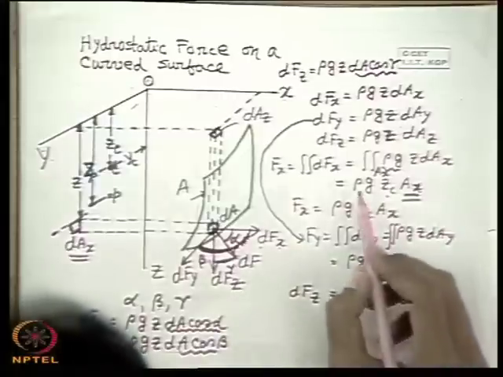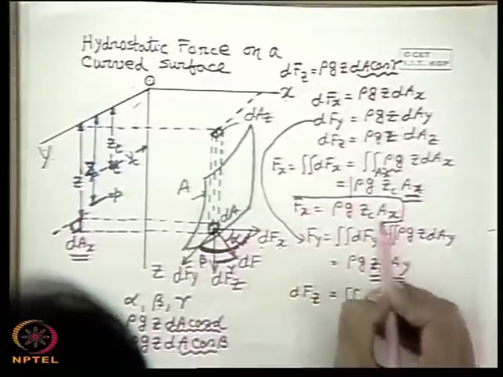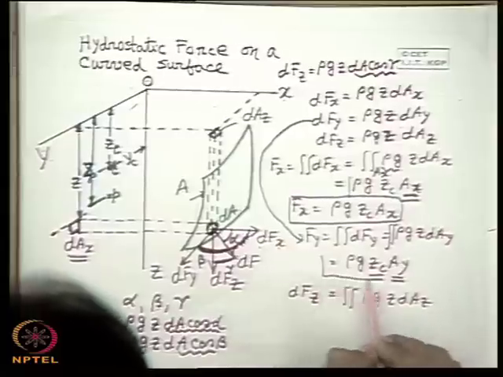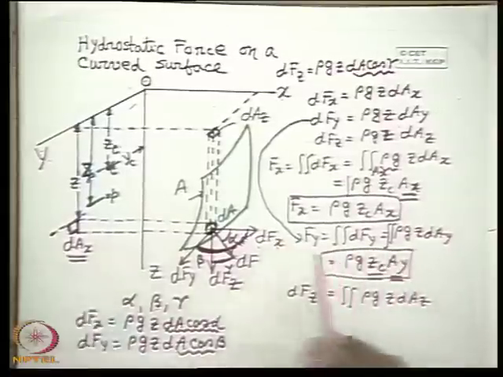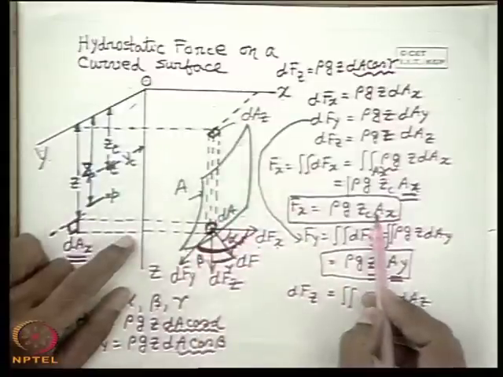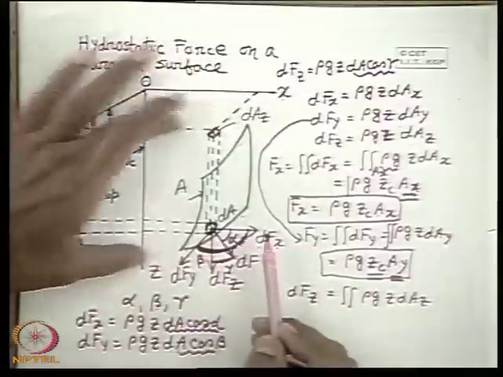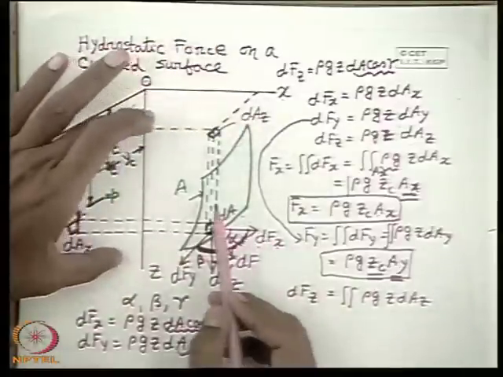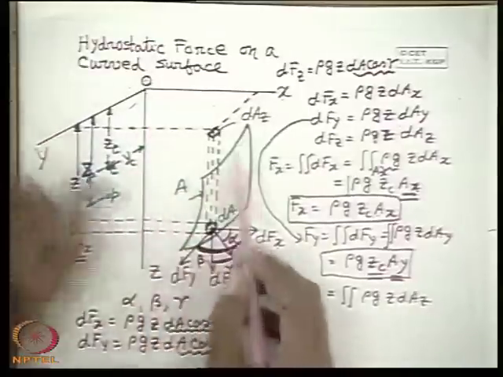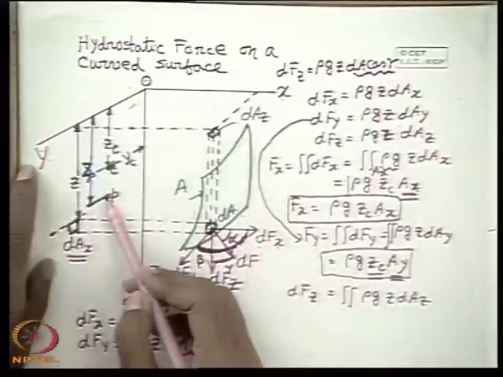Now two very interesting results come out from this expression for Fx and this expression for Fy. Now we see therefore the x component of the hydrostatic force on the entire area is equivalent to the hydrostatic force on a vertical plane surface which is parallel to the yz plane, and area of the surface equals the projected area of this curved surface on the yz plane.